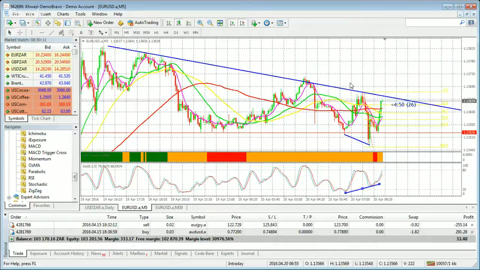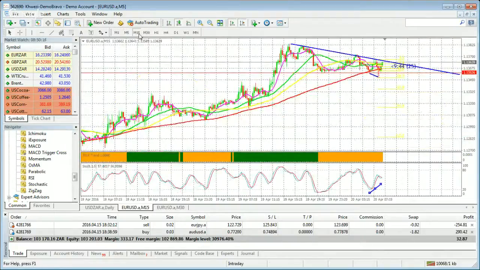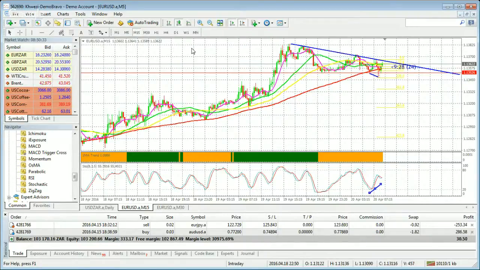Interesting to see how this is going to pan out. 15-minute, not really showing anything much at this point in time yet. This could be a wedge as well. We'll just have to check.